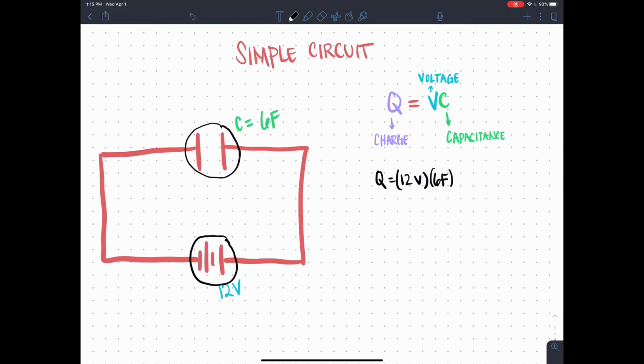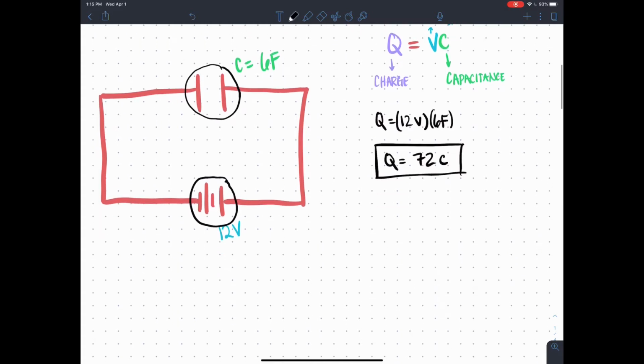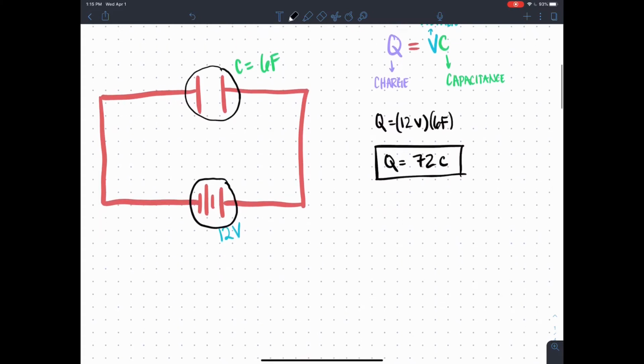When we multiply this out, we get that Q is 72, measured in coulombs. So this capacitor is able to hold 72 coulombs of charge, or 72 coulombs of charge is going through it.